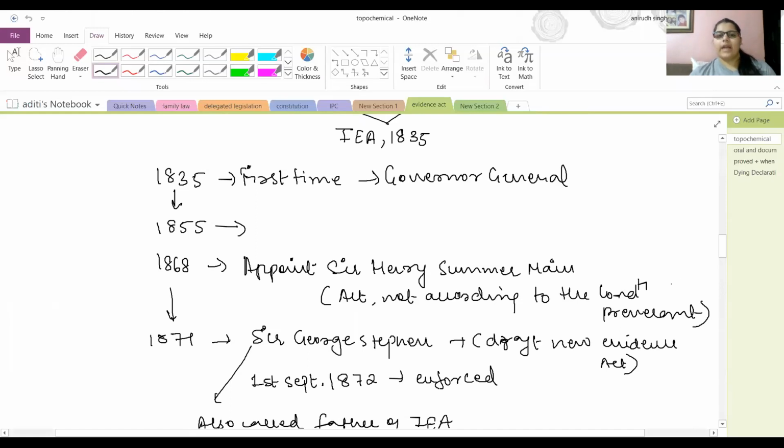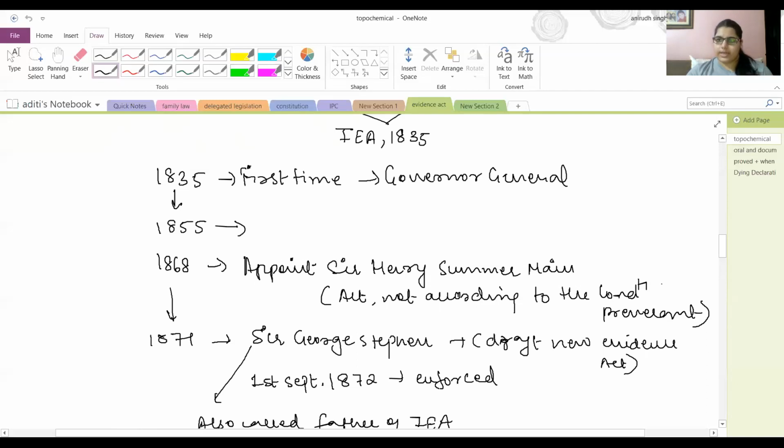After that, in 1868, Sir Henry Summer Maine was appointed to make a draft of the Indian Evidence Act, and he did make it, but that particular Act was not passed or enforced. The reason was that he had made it according to his own thinking, and as he belonged to England or some foreign country, he took into consideration the conditions prevalent in foreign countries at that point of time.